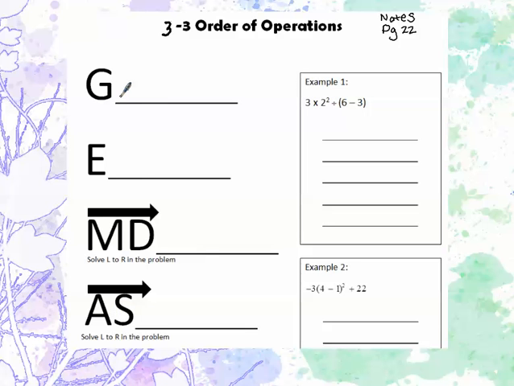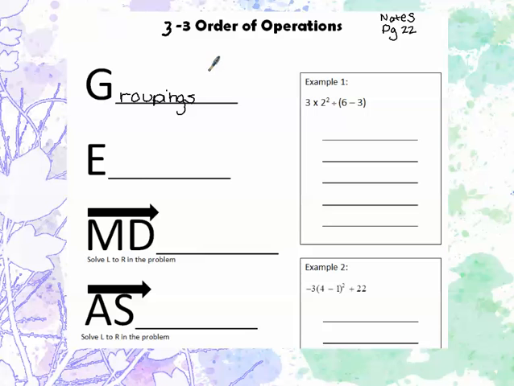The G stands for groupings. And the groupings can include many different things, which is why we say groupings and not parentheses.